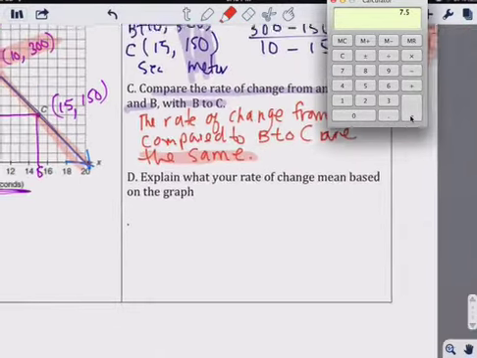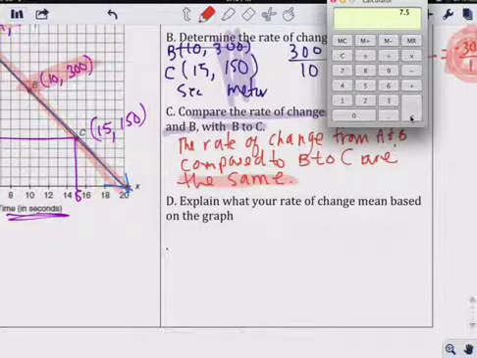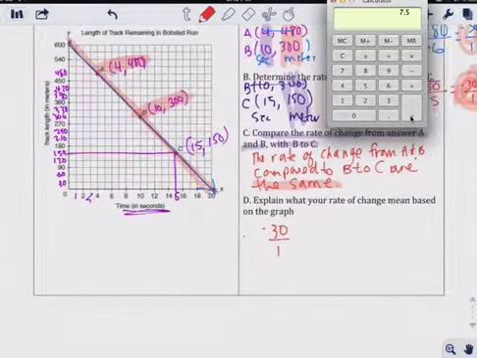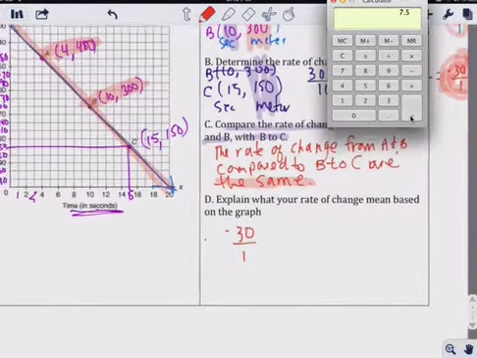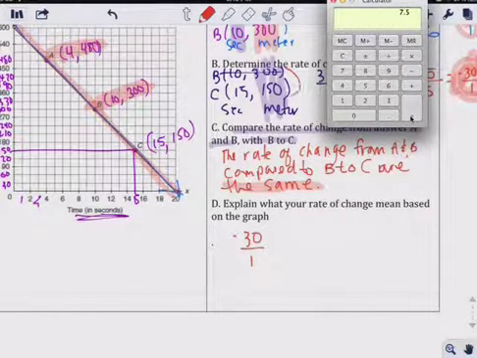Explain what your rate of change means. Okay, my rate of change is negative 30 over 1. That means that you go down 30 meters because it's negative. Notice, this is going down from 300 to 150. So you're going down 30 meters every second.